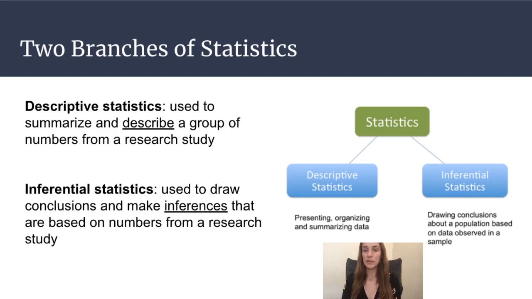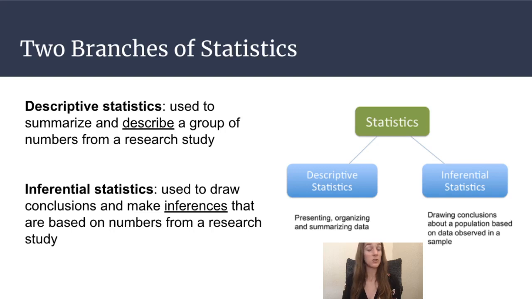We have descriptive statistics, which are as they sound. They're used to summarize and describe a group of numbers from a research study. The first few topics that we cover in this class are all related to descriptive statistics, so describing data. And then we have inferential statistics, used to draw conclusions and make inferences based on the numbers from a research study.